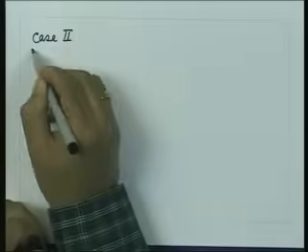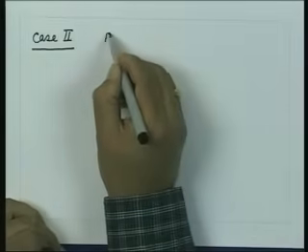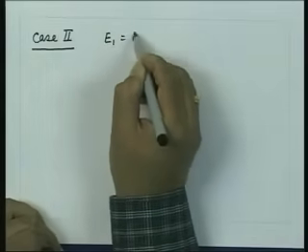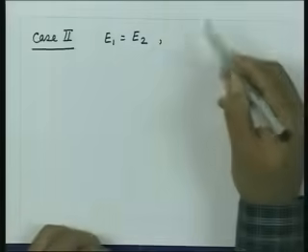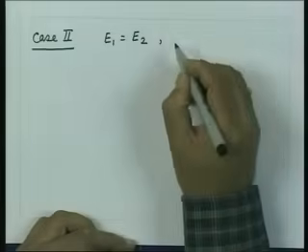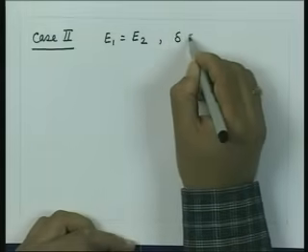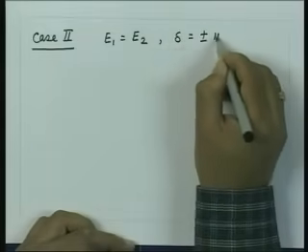Second special case we can have is if E1 is equal to E2 and if the phase difference between the two is plus minus pi by 2. So, delta is equal to plus minus pi by 2.